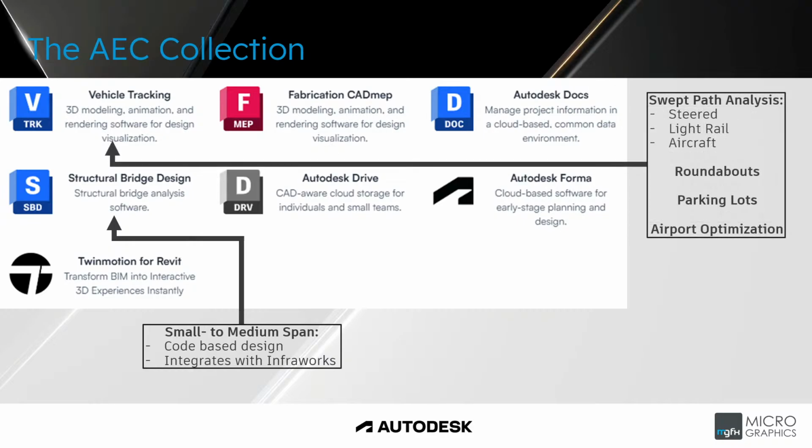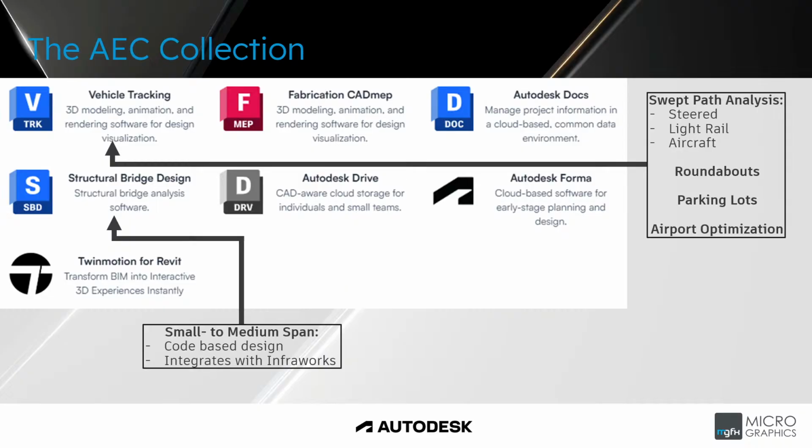Okay, now looking at Vehicle Tracking, that's quite a lovely program. It's for swept path analysis of steered vehicles. So that, of course, is your trucks, your cars, buses. You can look at light rail as well as aircraft. Now, of course, this is aircraft on the ground, so very, very important there.